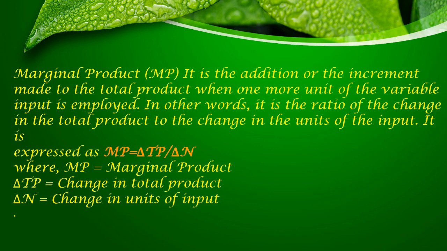Marginal product is equal to the change in total product divided by the change in N. MP is marginal product, delta TP is the change in total product, and N is the unit of input.